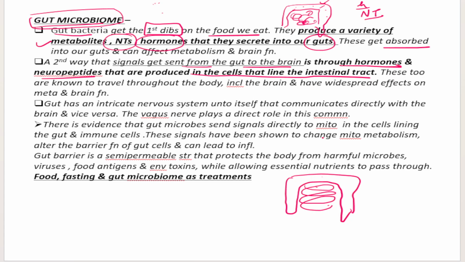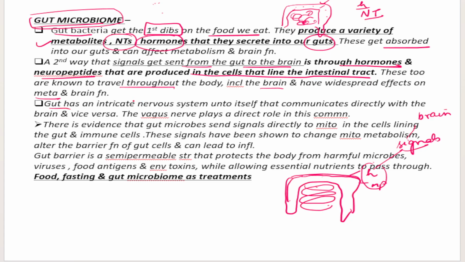There are cells lining the intestinal tract, and these cells produce hormones or neuropeptides, and these hormones and neuropeptides are acting as signals to the brain. These hormones and neuropeptides travel throughout the body, including the brain, and have widespread effects on our metabolism.